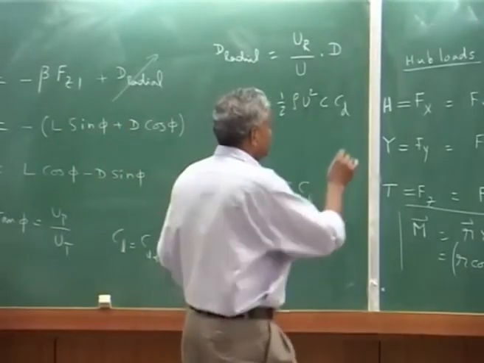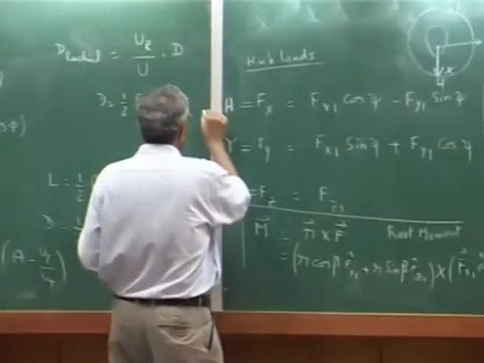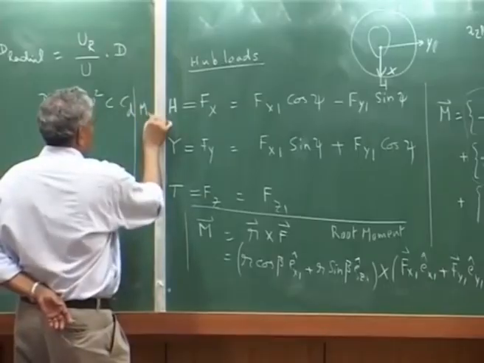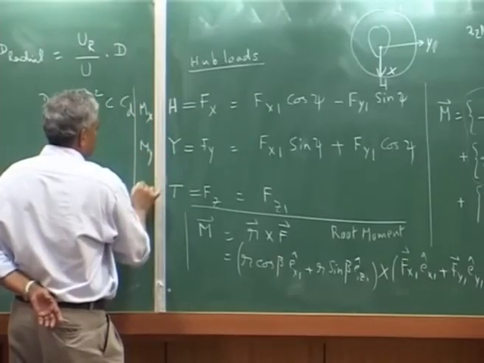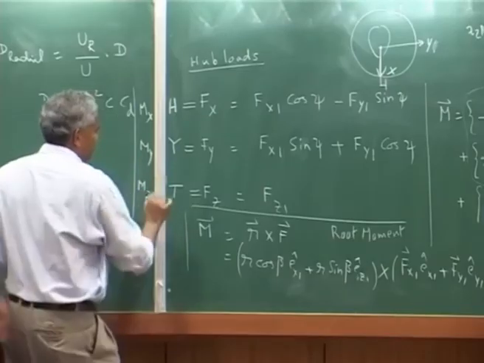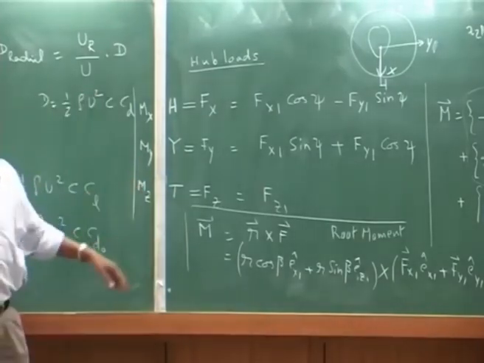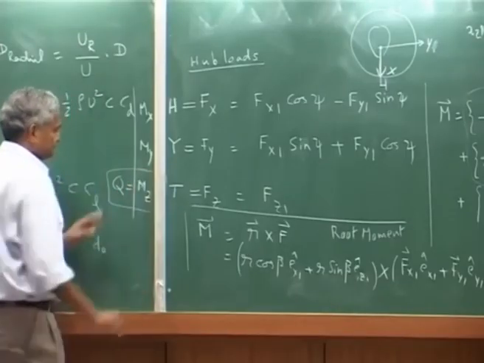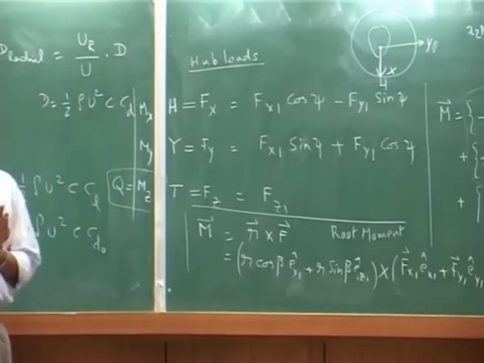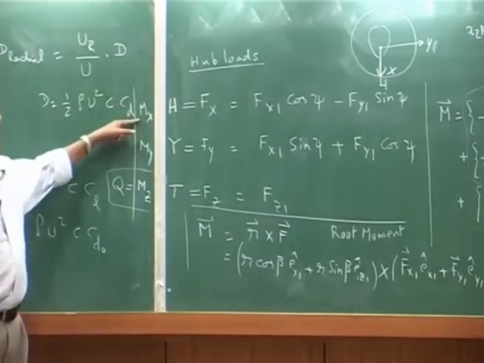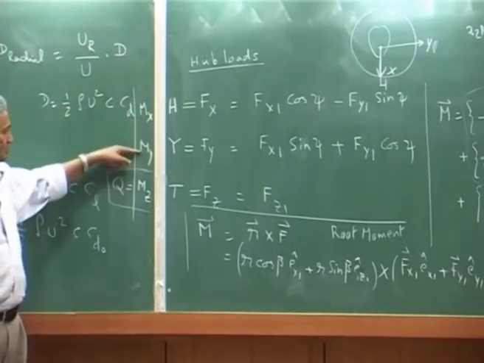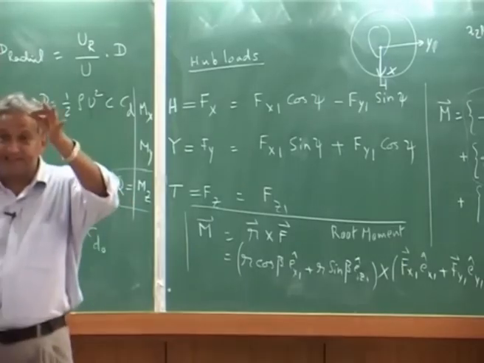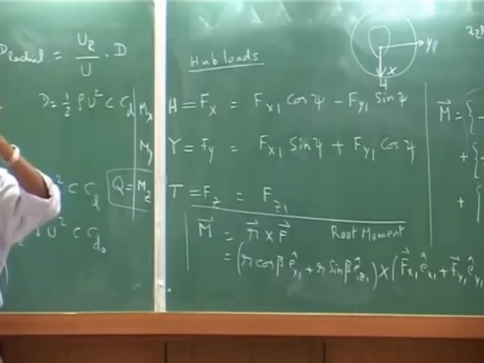So, you have correspondingly Mx, My and Mz, sometimes this is written as capital Q also, this is also used. So, this is the roll moment, pitch moment, torque acting at the hub center.